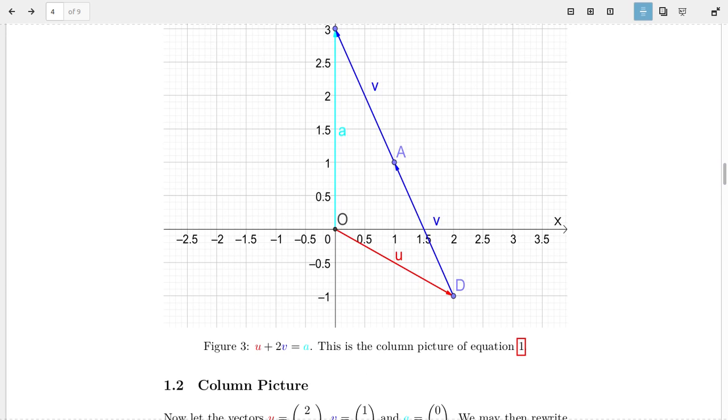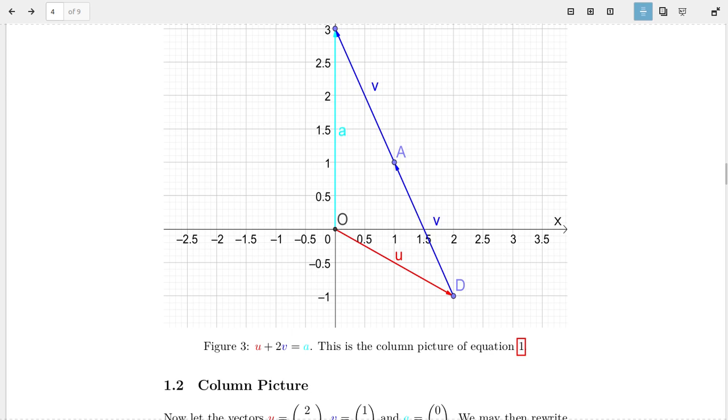Remember vector addition? We remember the law of triangle addition from the first lecture. So the vector u is in red, and the vector v is in blue. So u plus 2 copies of v, u plus twice v, gives me a.